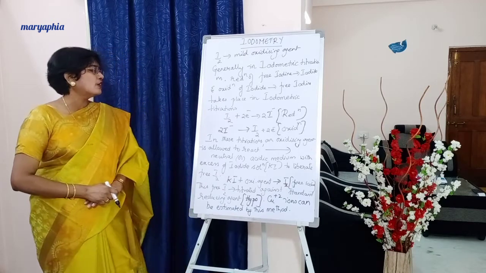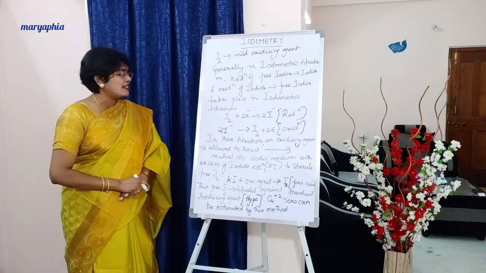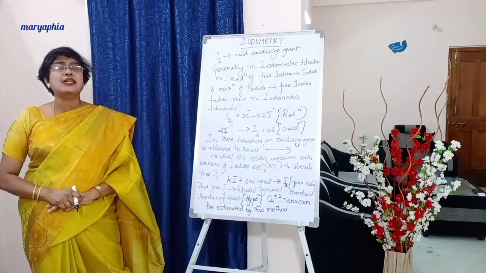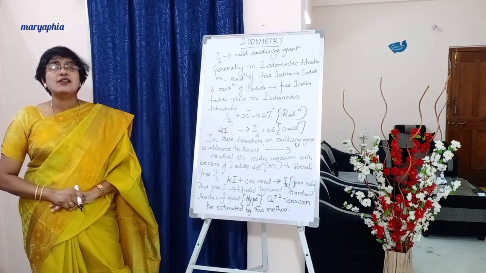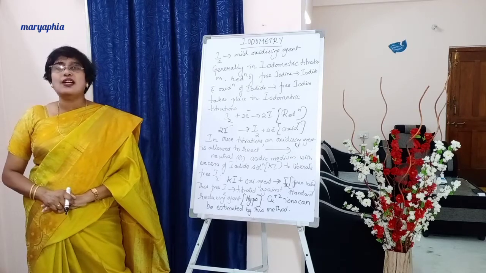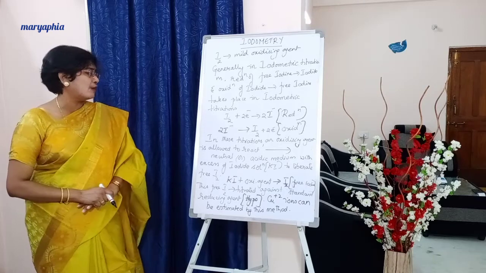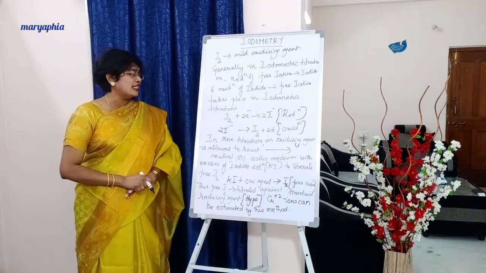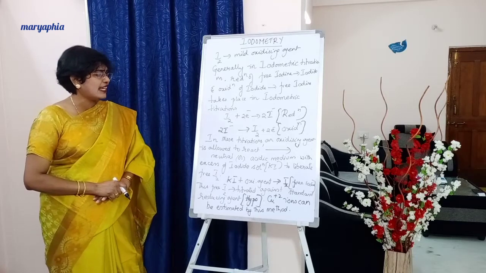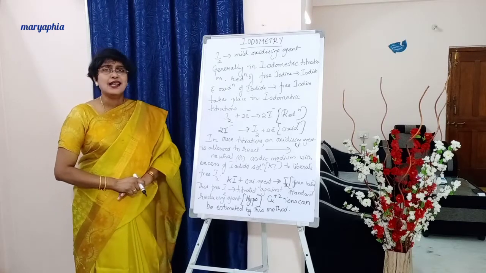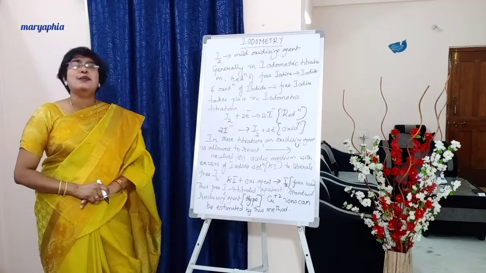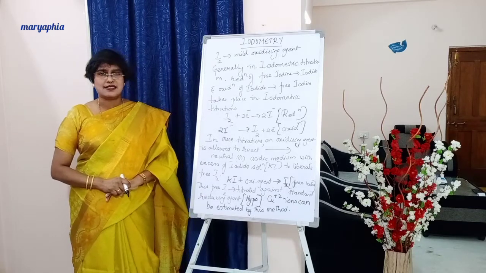So in these titrations an oxidizing agent is allowed to react. In the experiment we are going to see the oxidizing agent K2Cr2O7, which is called potassium dichromate. It is allowed to react in neutral or acidic medium with excess of iodide solution, in brackets I have mentioned potassium iodide, in order to liberate free iodine.